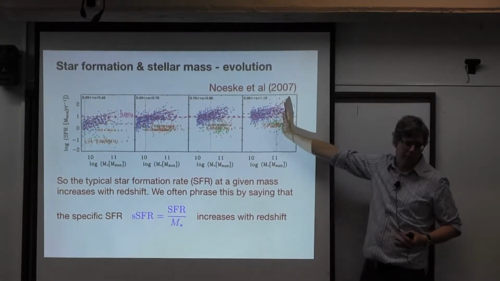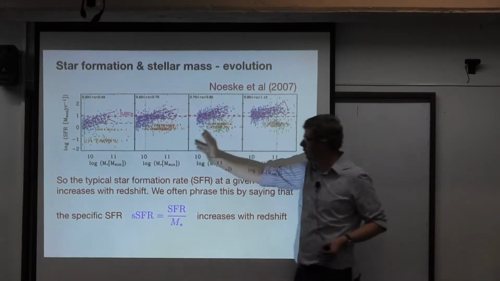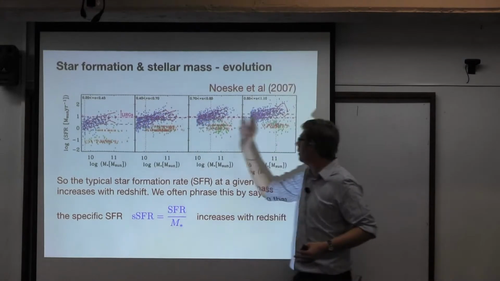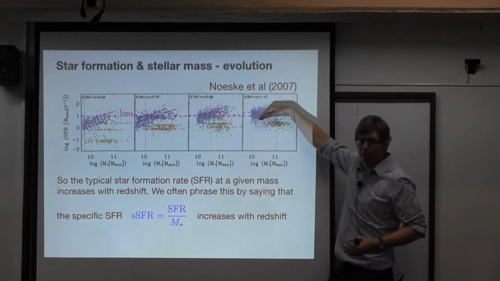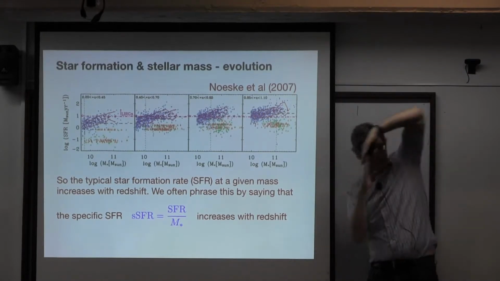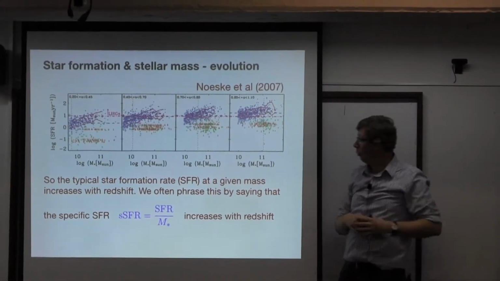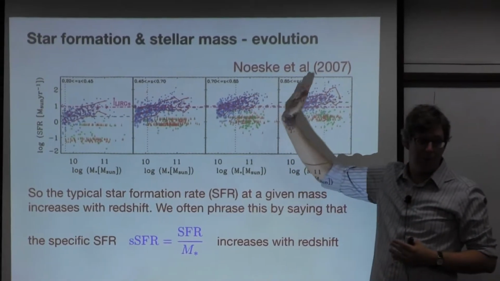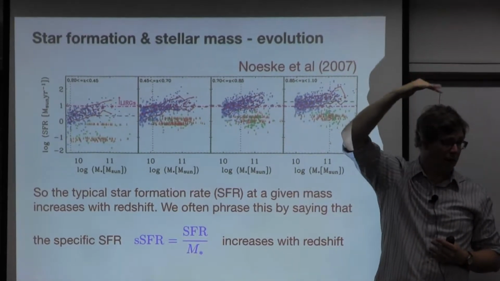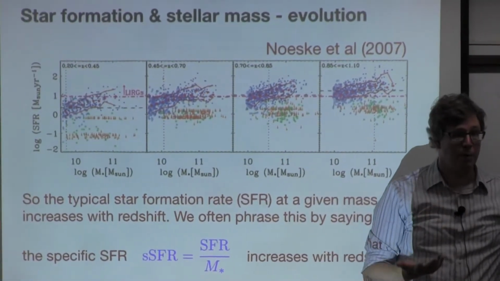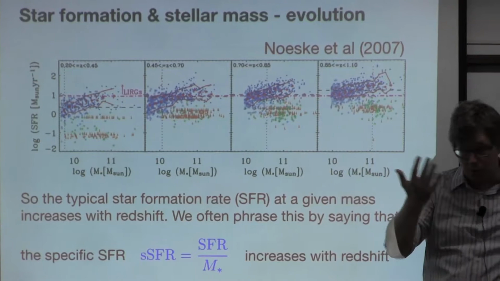So this is about half the age of the universe, about 6 or 7 billion years from here to here. And what you see is that this relationship just moves up. It doesn't change very much. It doesn't suddenly flip slope. The slope is consistent with being the same, but it moves up as you go back in time. And that's, of course, because more stars were being formed earlier in the universe. So that's what you see here.